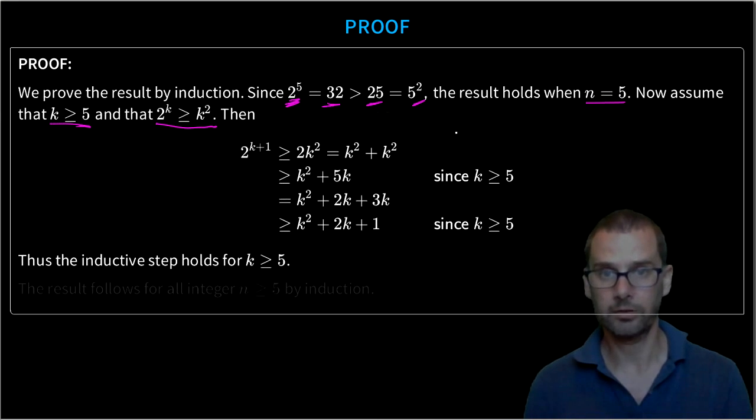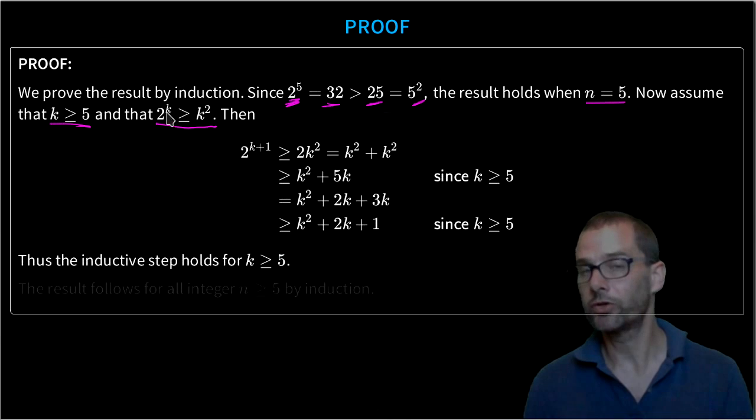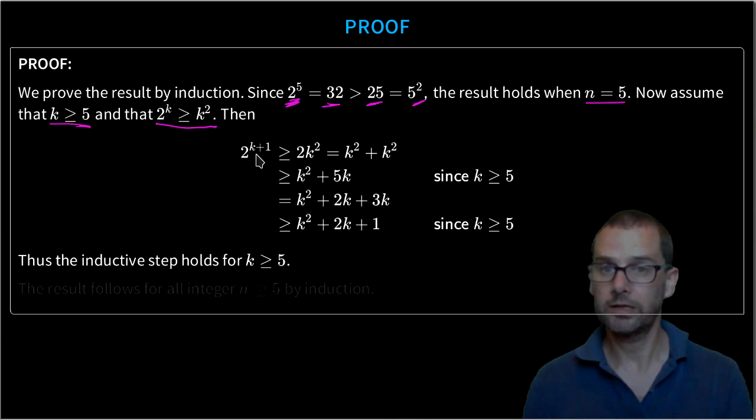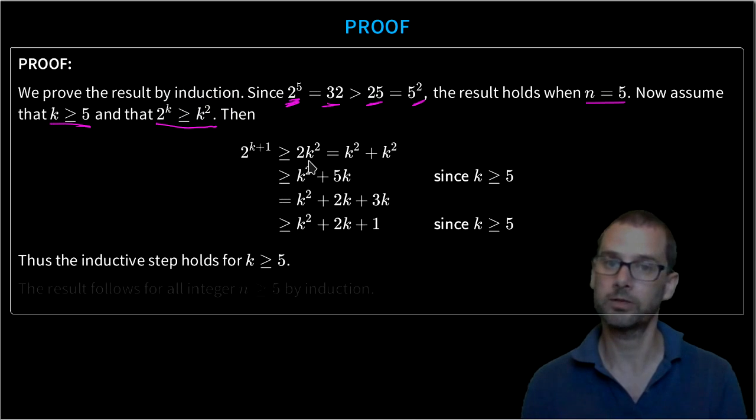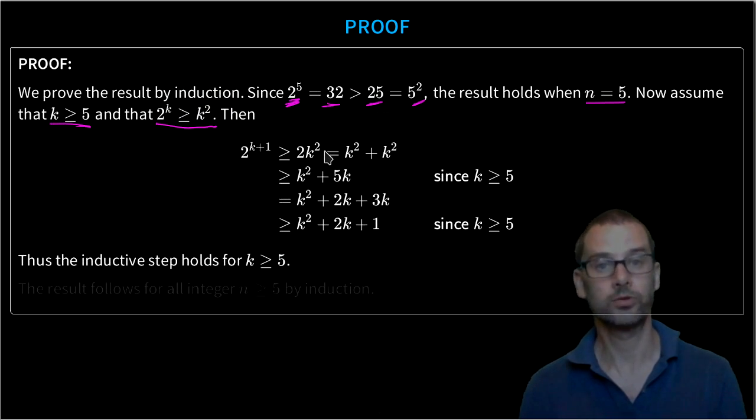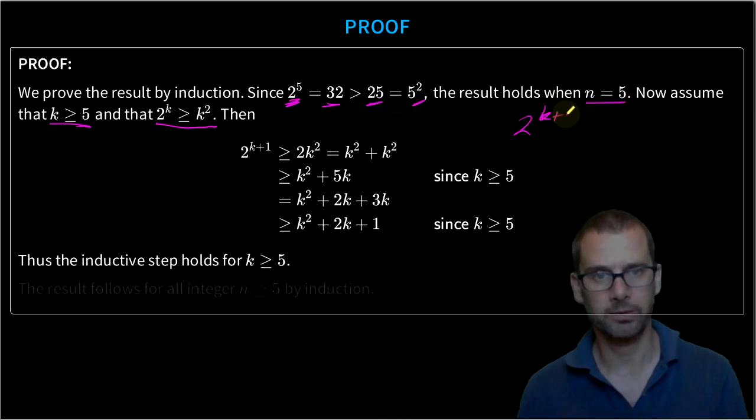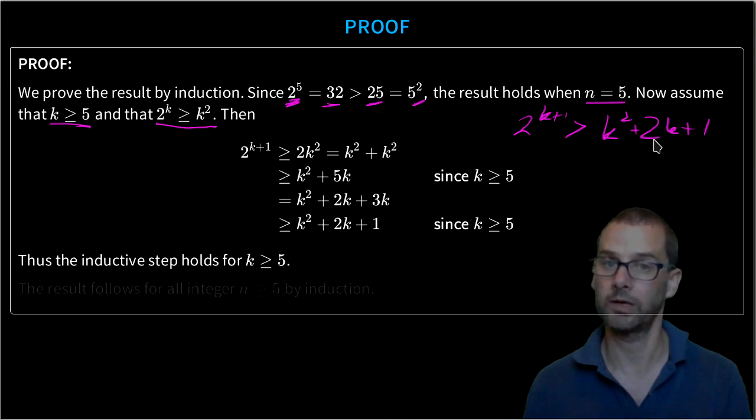Well, we need to say something about 2 to the k plus 1. So we can take this inequality and just multiply it by 2. If we multiply it by 2, we get 2 to the k plus 1 is bigger than or equal to 2k squared. Now what do we want to show? We want to show 2 to the k plus 1 is bigger than k squared plus 2k plus 1, because that's k plus 1 squared.